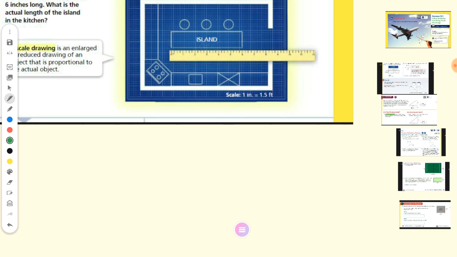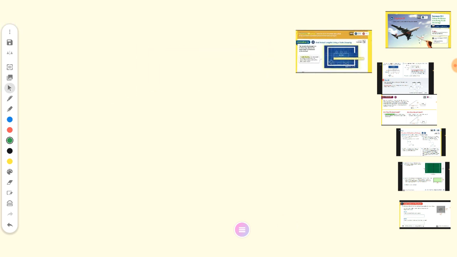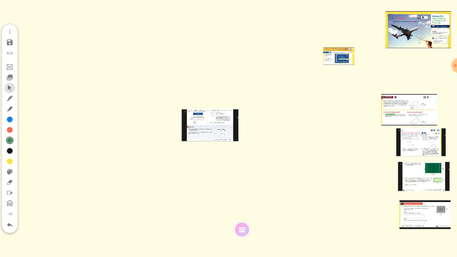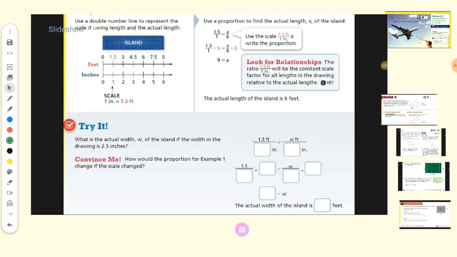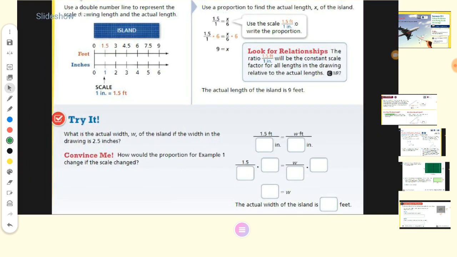Let's study the try it one. What is the actual width? We studied the length, but now we want the actual width of the island if the width in the drawing is 2.5. So the scale is 1.5 over 1 inch. I need the actual width, put W up, and I have the drawing, put it down.